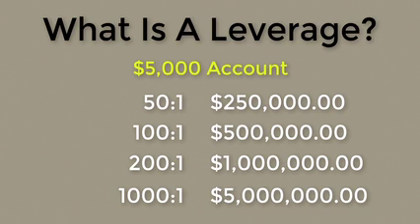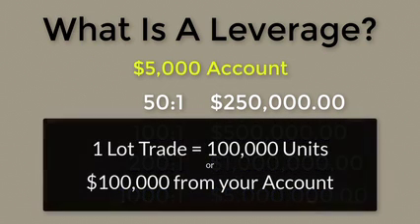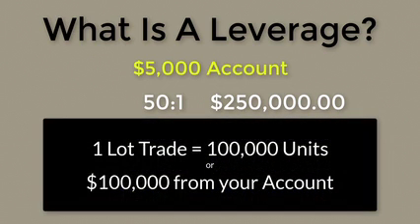So you guys, leverage is very important because it governs how much of your account you can leverage on trades, right? So if you have a higher leverage account, you can obviously trade more off of the same amount of funds. So remember, a one lot trade equals 100,000 units of the base currency or $100,000 on your account.